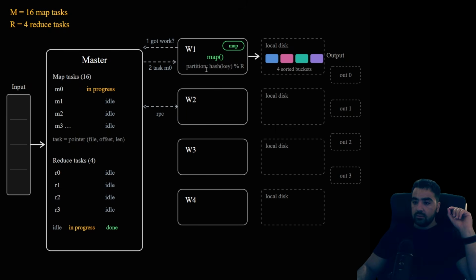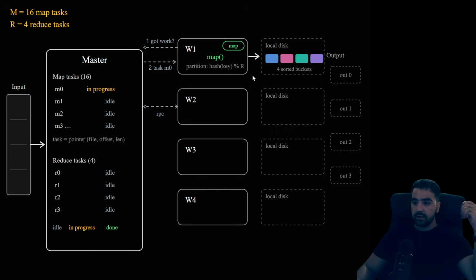Then it will calculate the hash of the key of each one of those key value pairs modulus R, where again R is the number of reduce tasks, and it will land in one of those partitions. Running the same key in this calculation will guarantee that that key will always land in one specific partition on a local disk. We will later see the use case of that.